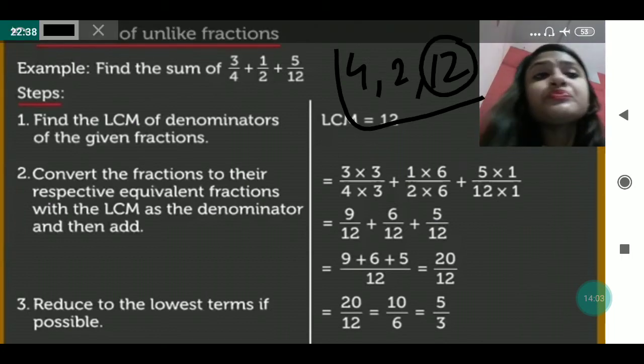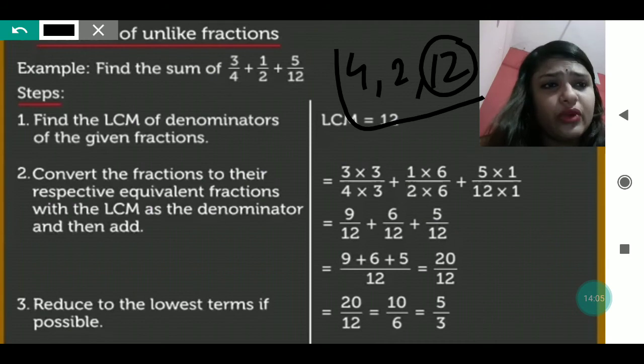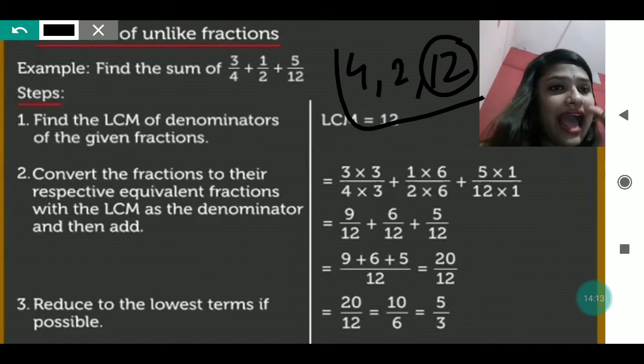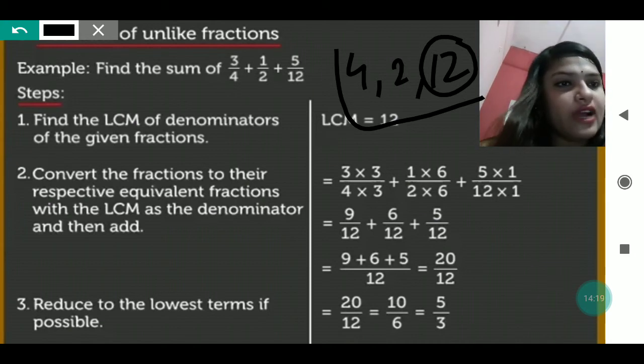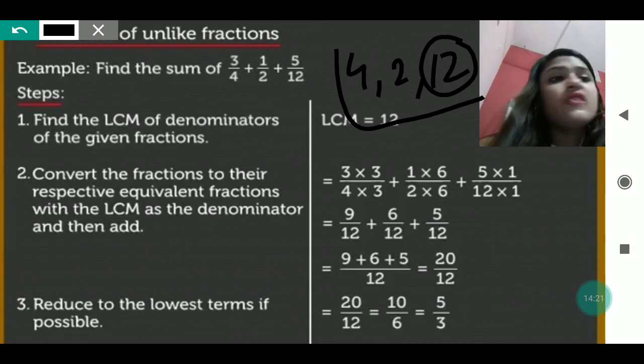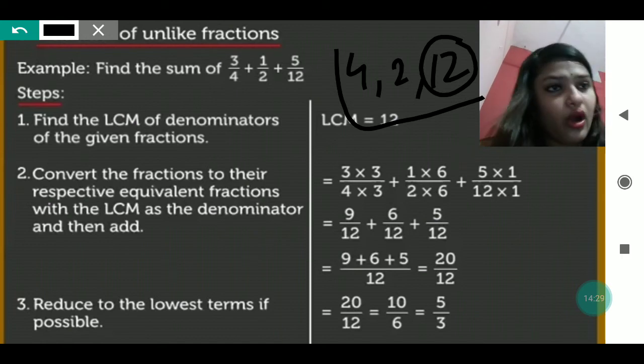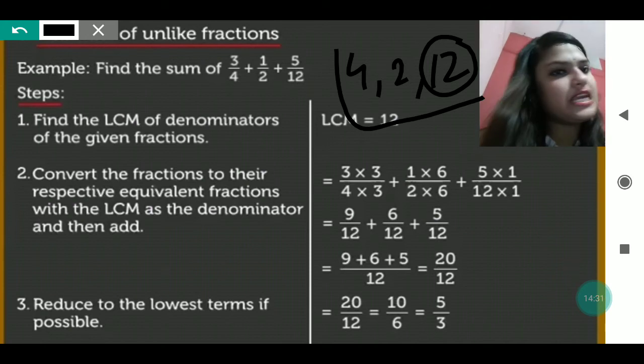You can do it. Now you all can see, students. Now what you have to do: convert the fractions to their respective equivalent fractions with the LCM as the denominator, and then add it. I think you remember how we find it: we multiply both the numerator and denominator with the same number. Same thing we have to do, so that all the denominators we can make equal.